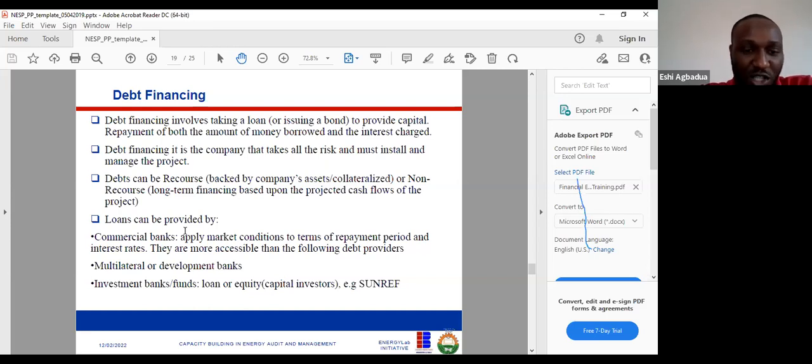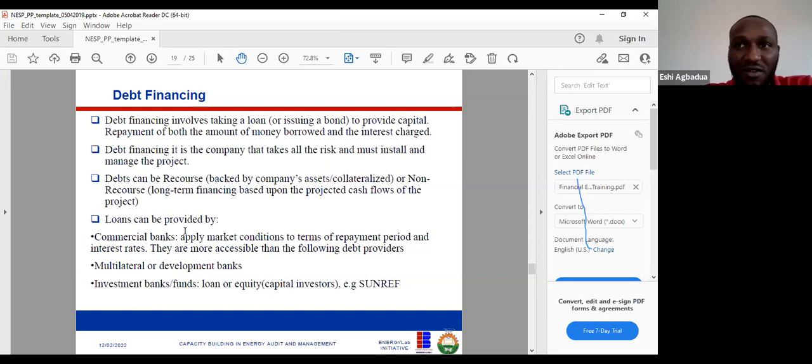They're giving some cheap loans for energy projects. And then we also have investment bank funds. One of such is Sunref. Sunref is one organization in Nigeria that, based on their criteria, can give you a very, very cheap loan if you can prove that whatever energy efficiency project you are deploying meets the criteria they've given you.